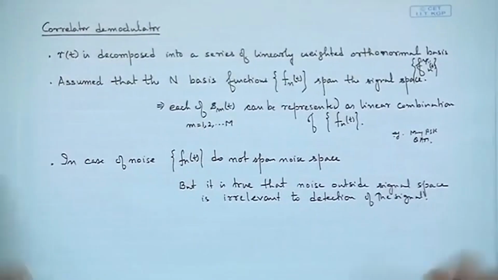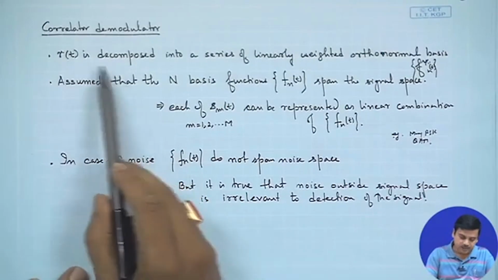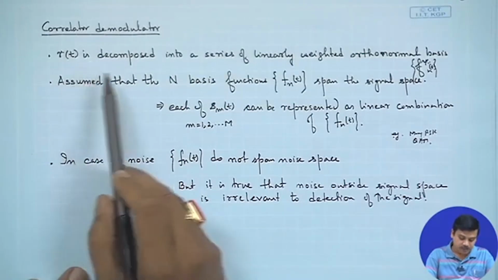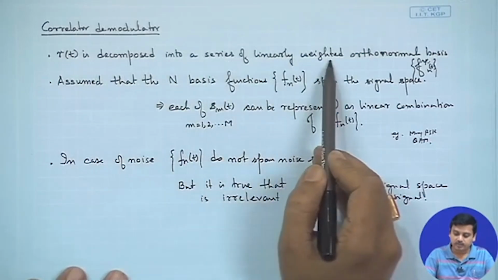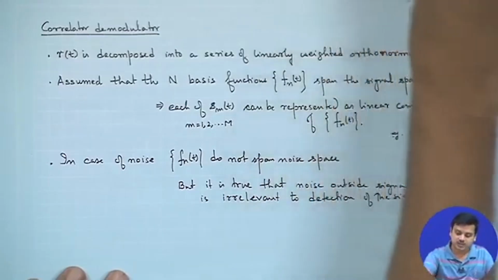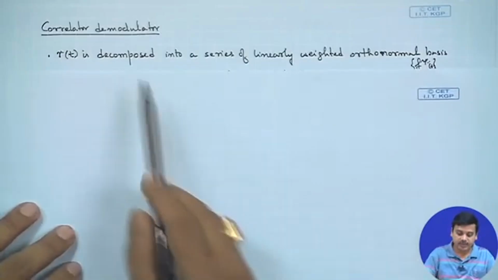So, when we take a look at the correlation demodulator, what we do is R(t), that is the received signal, is decomposed into a series of linearly weighted orthonormal basis functions. Now, this is not new for us, because we have already discussed what is meant by decomposition.